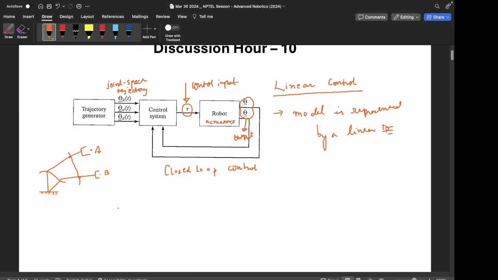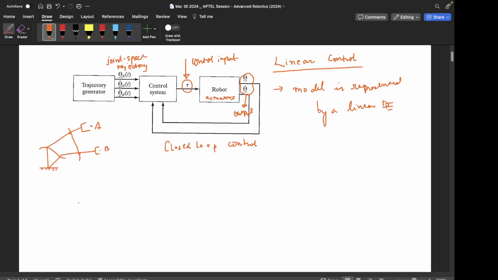The other counterpart of this is open loop control. So in an ideal world, by ideal world I mean that I model the system exactly, which is never possible in the real world.